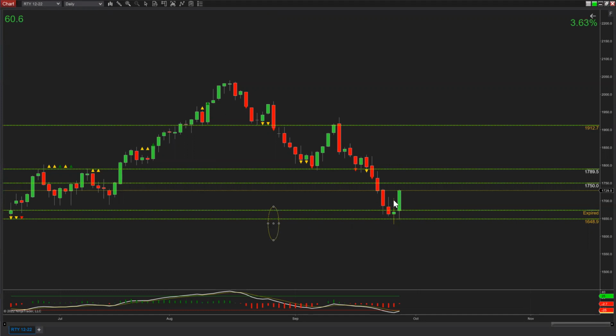Because this pause bar, the high, it should be closing above the last bar to be considered a pause bar. This is still a down bar. It looks green, yeah, but it's a down bar. This is the open. This is the close. And look at this. It didn't even touch it.